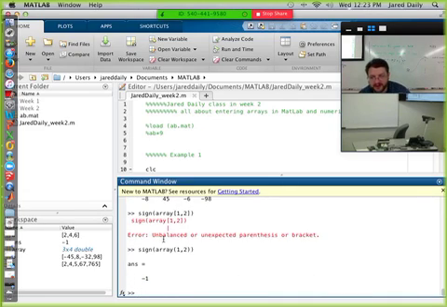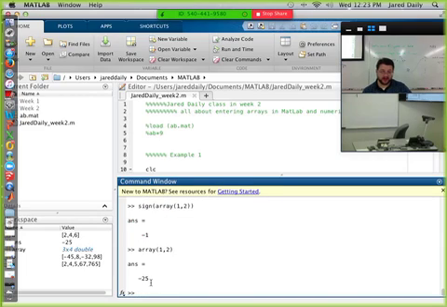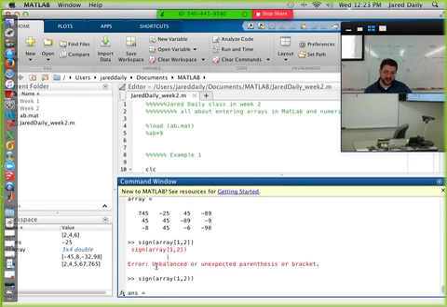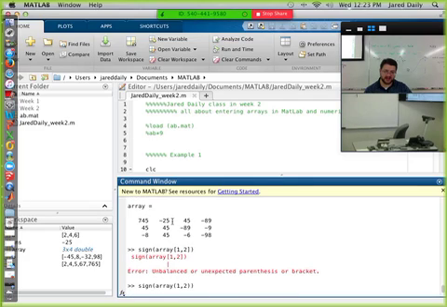So when I put in the command array with parentheses 1, 2, it goes and looks for the element of the array that is in row 1, column 2. If I hit enter right now, it'll tell me what that element is, which is negative 25.